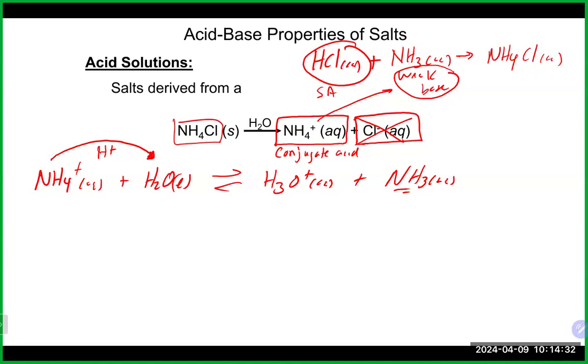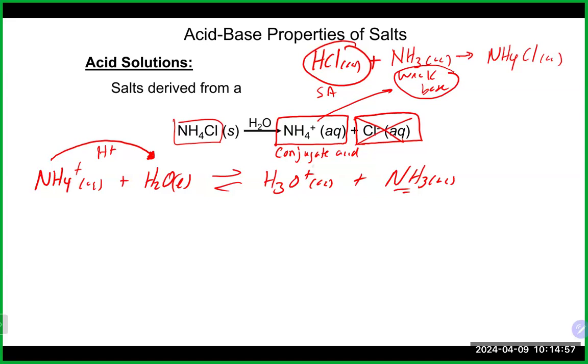This is also why, if you have trouble writing the equations, you want to make sure you look at the question, because you probably will have in the question the Kb value for NH3. So that should tell you, oh, that's probably what's on the product side. You oftentimes will have a lot of that information in the problem. You just got to make sure that you look for it and recognize it if you're not sure.